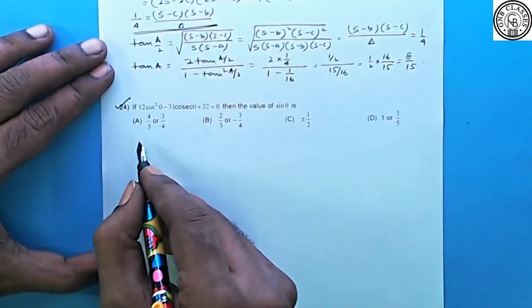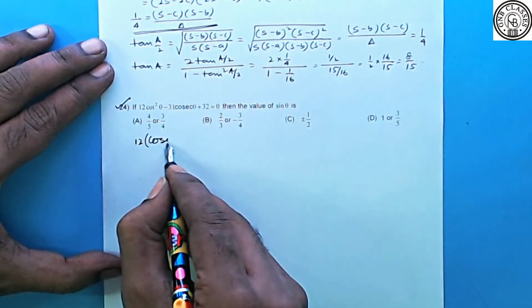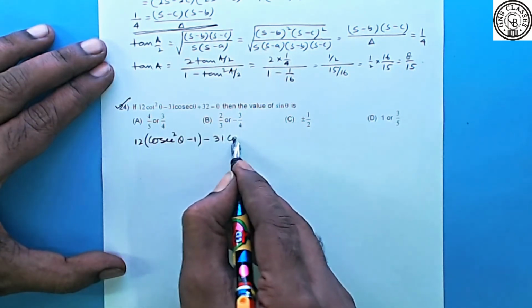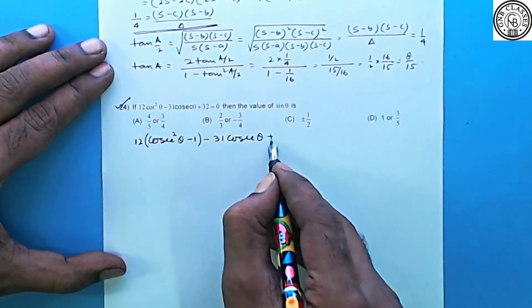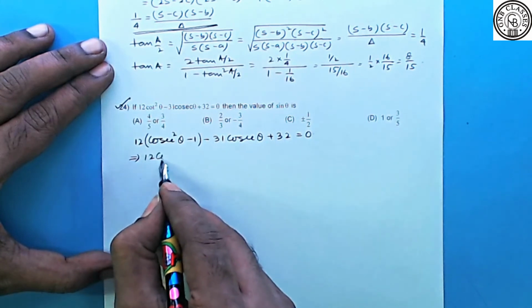Question number 24. Cot square theta can be written as cosec square theta minus 1. So let me open the brackets.